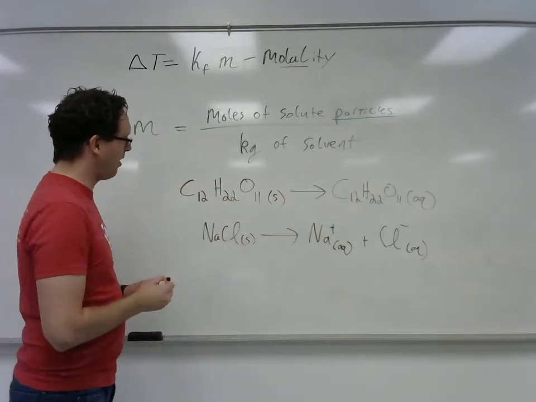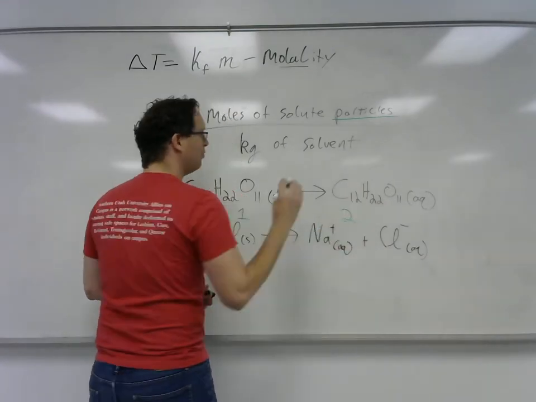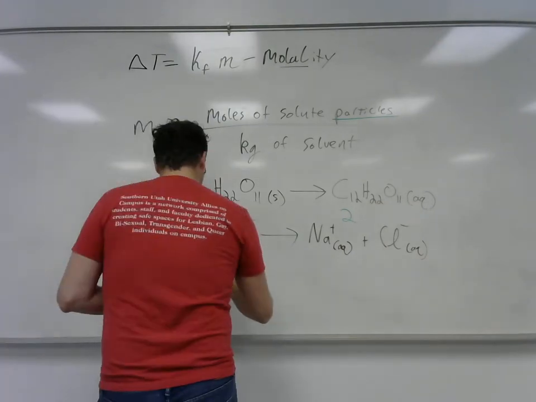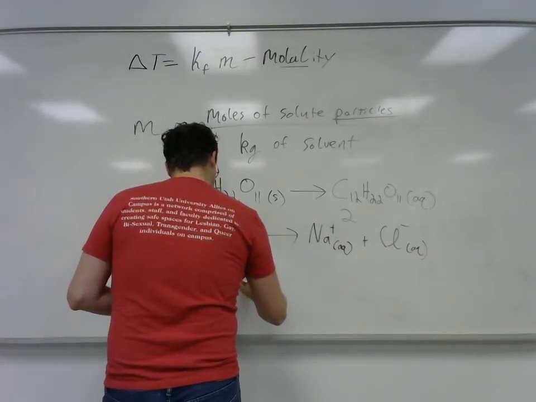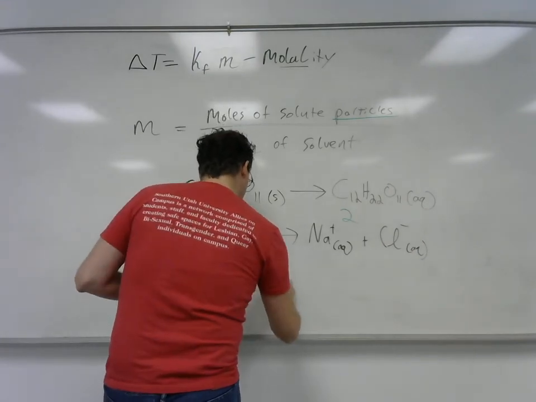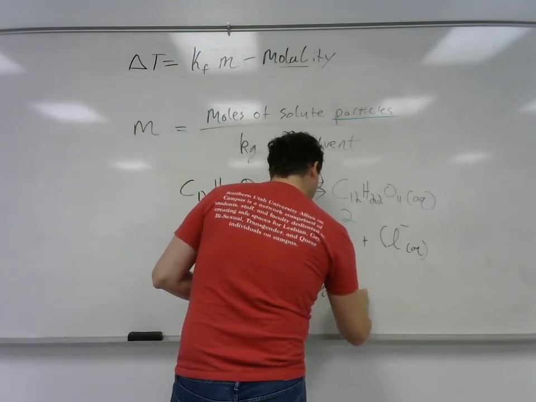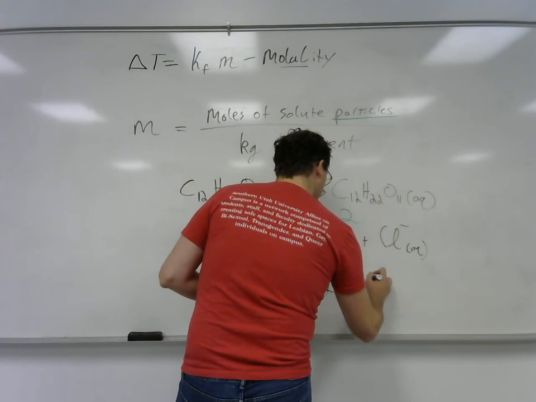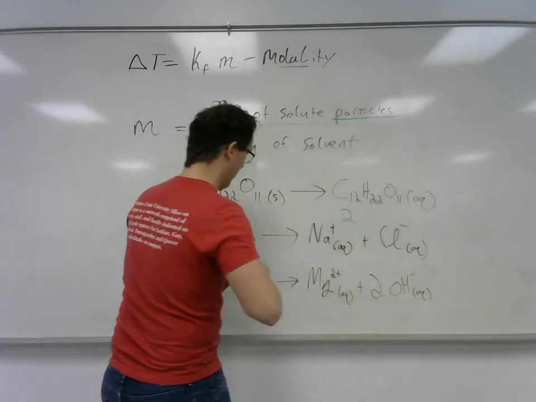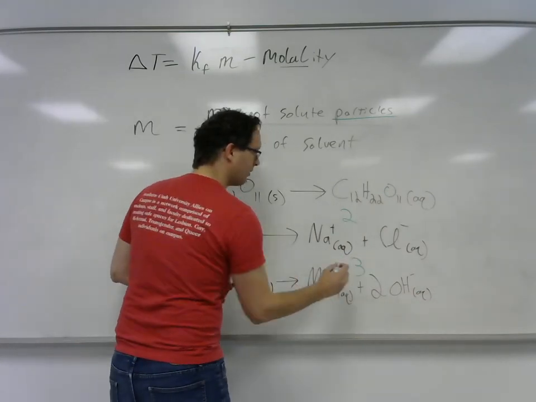And so what we really get here is 1 mole going to 2 moles of solute particles. And we can look at other things like, say, magnesium hydroxide, and that's going to form Mg2+ aqueous plus 2 OH- aqueous. So this would go from 1 to 3.